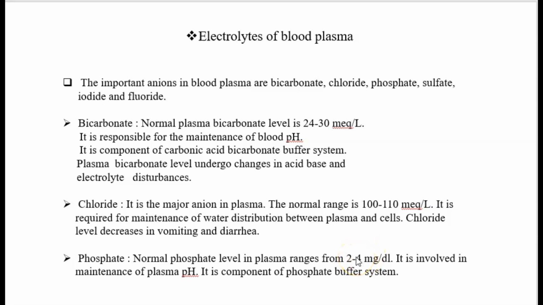So that is why you see that it has a lower range. As much as it's outside the cell, the range will be very small. But if it is in the cell, it will be very high. That is why the range is small. It is used in maintenance of plasma pH, and it is also a component of the phosphate buffer system.